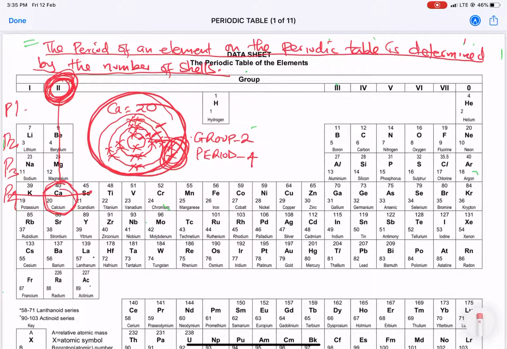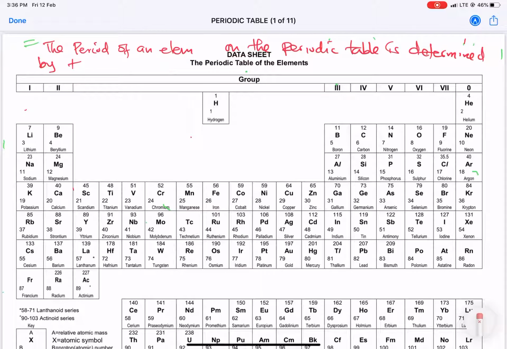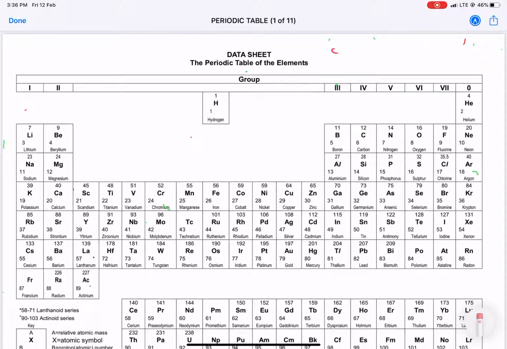Okay, let us now go to special groups on the periodic table. Special families or groups of the periodic table. First and foremost, it is very important to take note that the periodic table is divided into two parts, metals and non-metals, using this zigzag borderline.